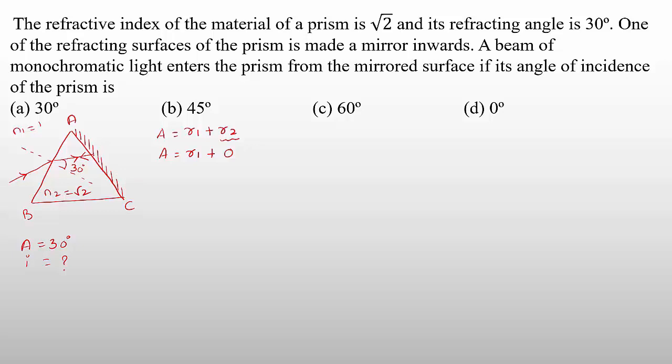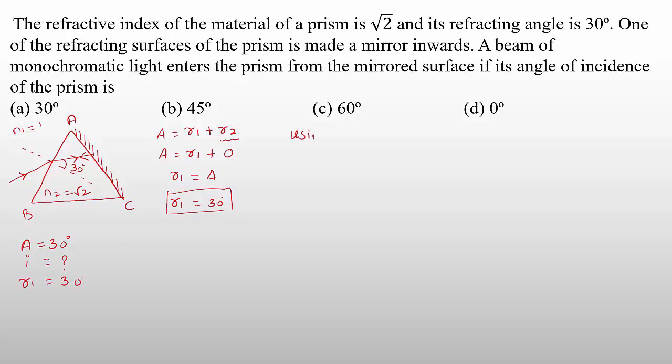So the angle of refraction for the second surface is 0. So we got R1 equal to A. The A value is already given, 30 degrees. Right? So R1 is how much? 30 degrees.